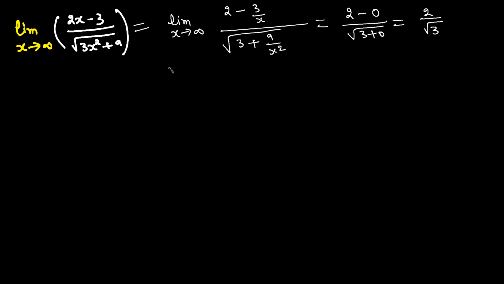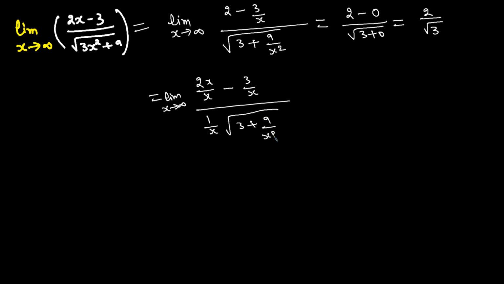All right, now let me go over this step again. So 2x over x, minus 3 over x. I'm going to write the limit as x approaches infinity. In the denominator we have 1 over x times the square root of 3x squared plus 9.